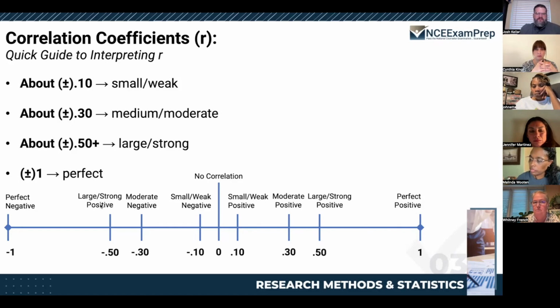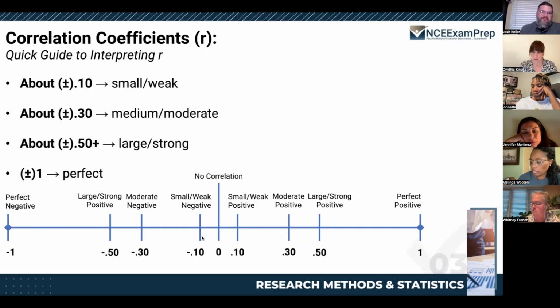And then again, if it's negative, it's because the two variables are moving in opposite directions. If every time I'm stressed out, I lose sleep, it's consistent, I can predict it. I can base how much sleep I'm going to get by how stressed I am, and it's very strong, then that would be a strong negative correlation.